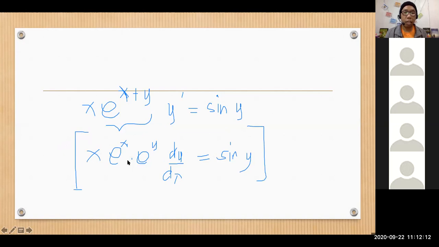Multiply by dx. Tapos, divide by e raised to x, tanggalin mo yung x. Para maging function of y na lang siya, tatanggalin mo yung sine of y. Okay?